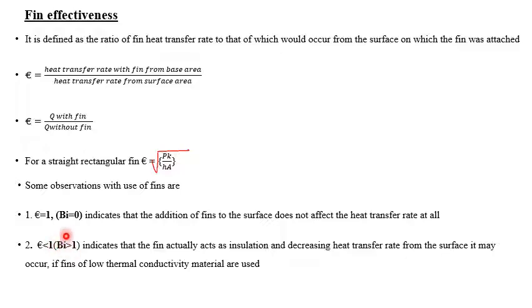We have not dealt with this number yet, but in future when we go for transient, unsteady state heat conduction, this number will come. Just remember it is a non-dimensional number. Effectiveness less than 1 indicates the fin actually acts as insulation and decreases the heat transfer rate from the surface. It may occur if fins of a lower thermal conductivity are used.